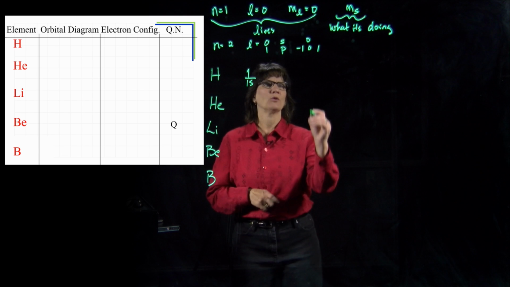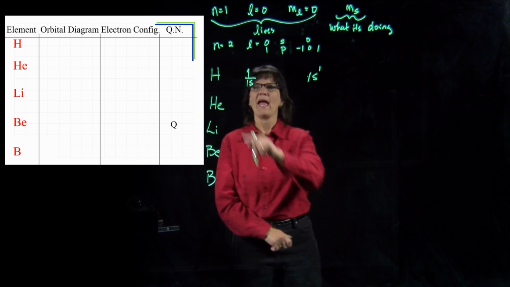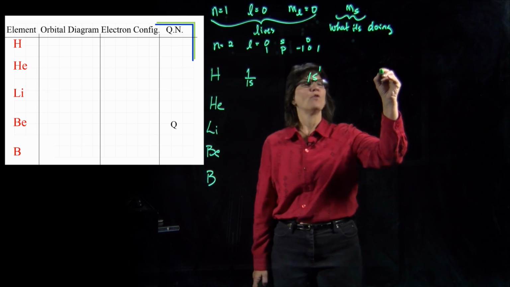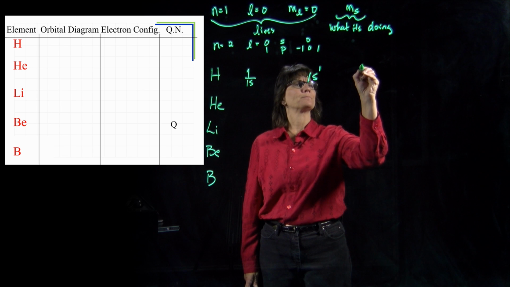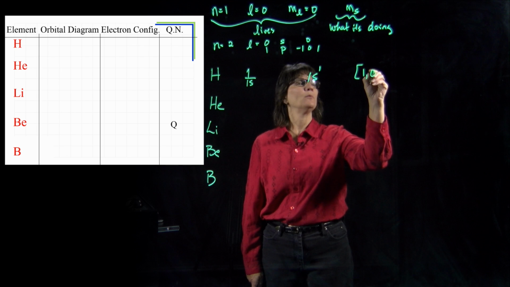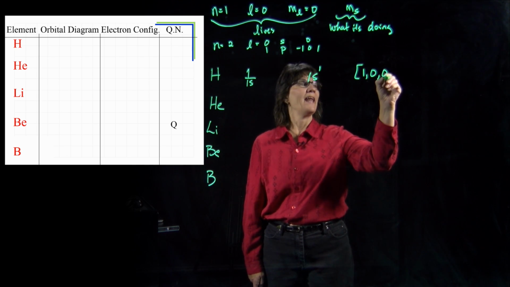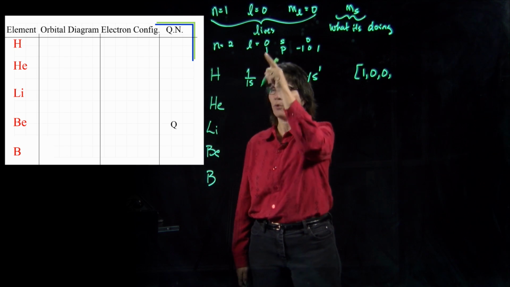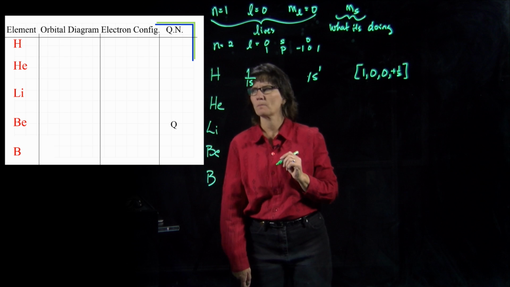The electron configuration I would write as 1s1, which we've already done, and for hydrogen our 4 quantum numbers for that electron would be n of 1, l of 0, m_l is 0, the orbital 0, and it has a spin, and since I drew it pointing up, I'll do plus 1/2. So there's its 4 quantum numbers.